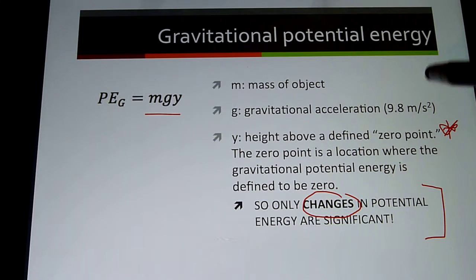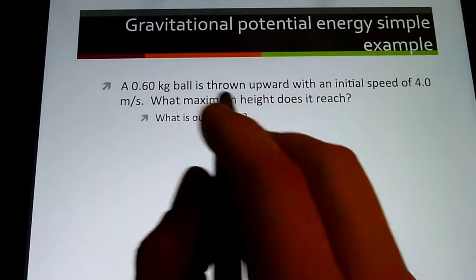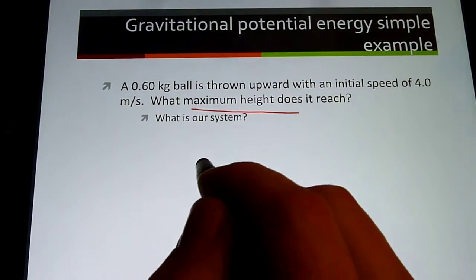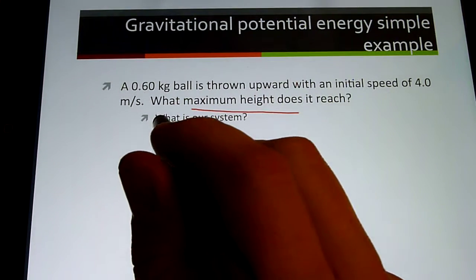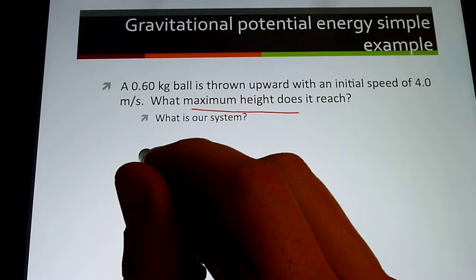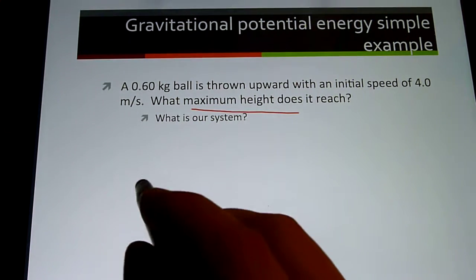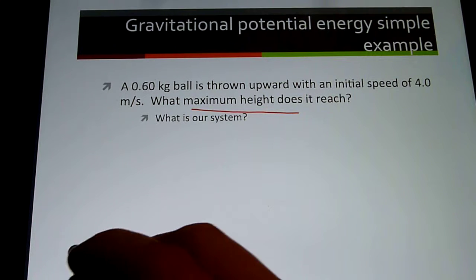Let's start by looking at a simple example where I have a ball thrown upward with an initial speed, and I want to know the maximum height that it reaches. Well, if our system is the ball and the Earth, then we can talk about the configuration between the ball and the Earth changing as that ball goes up. So here's my initial moment.